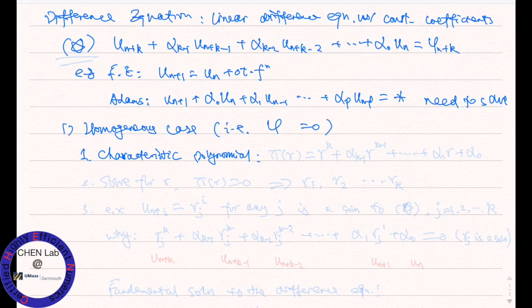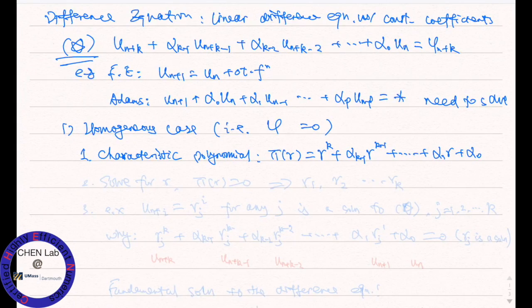This is in one of the books as well. Let's say we look at the star equation. There's a corresponding polynomial, which is r to the k plus alpha_{k-1} r to the k minus 1 plus all the way to alpha_1 r plus alpha_0.